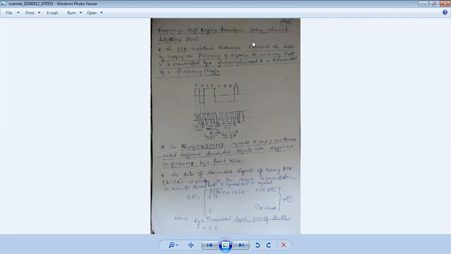In binary, zero is also some kind of information, which has a negative pulse with a magnitude of minus p. In amplitude shift keying, we have missed the zeros. That means ASK is not viable in digital communication, because zero is also some pulse.